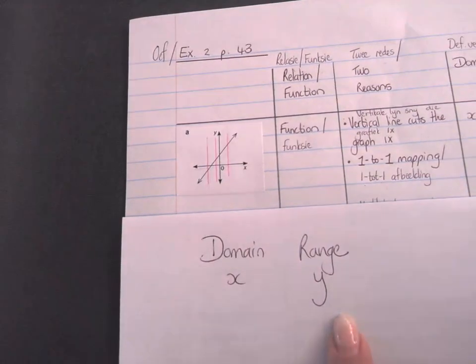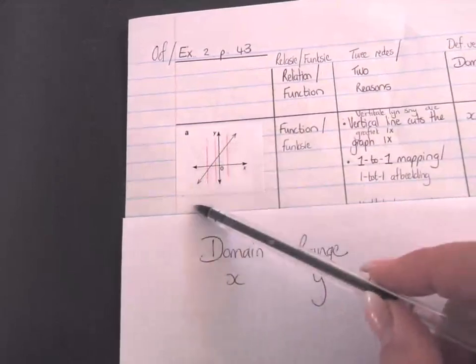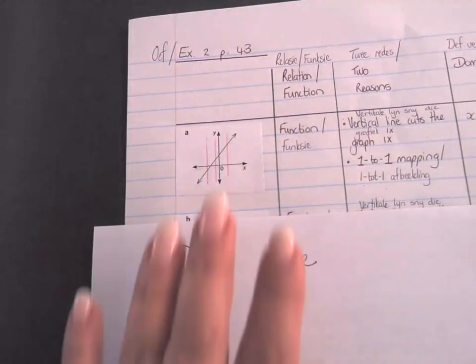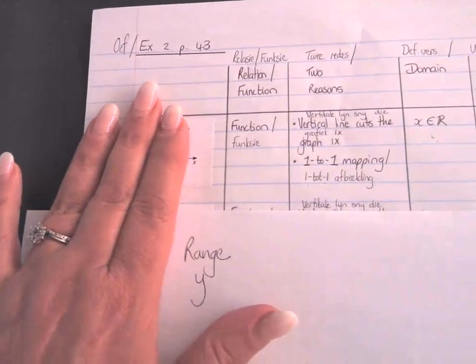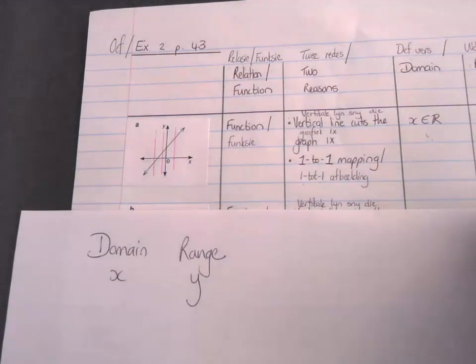So what is the domain of this function? Yeah, x is an element of R. It uses all the X's. What is the range of this one? y is an element of R. You are so good.